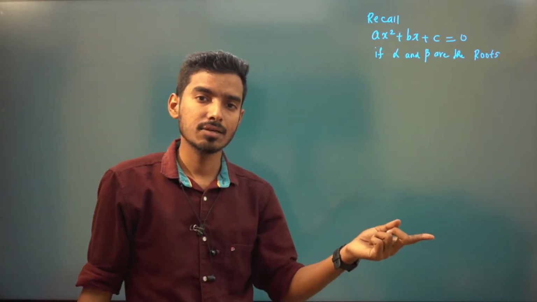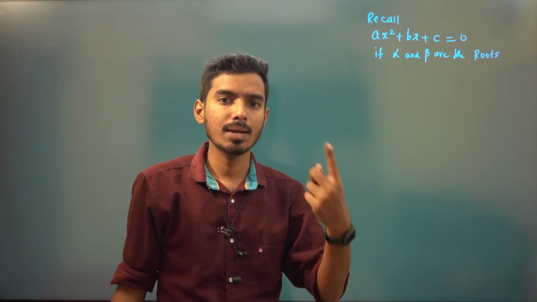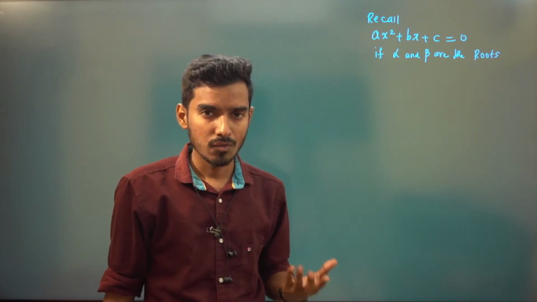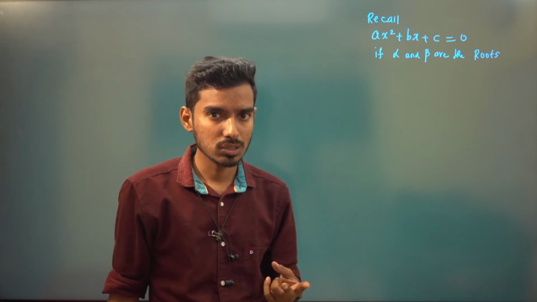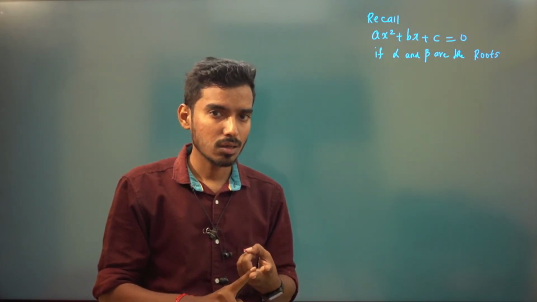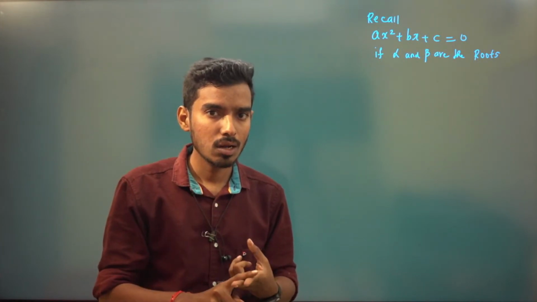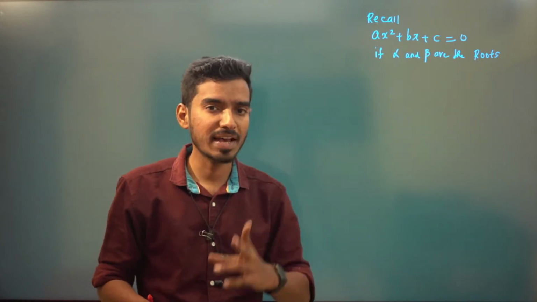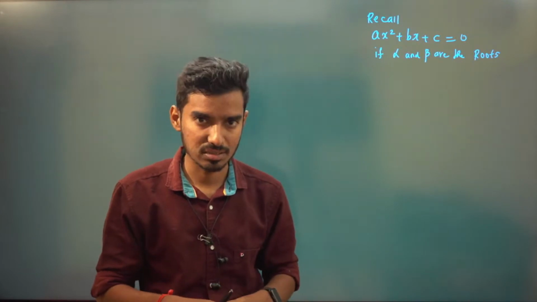Real and distinct, or they can be equal, or complex roots. Yes or no? Either two roots can be real and distinct, or real and equal, or no real roots, that is two imaginary roots. These are the three possible cases, right?